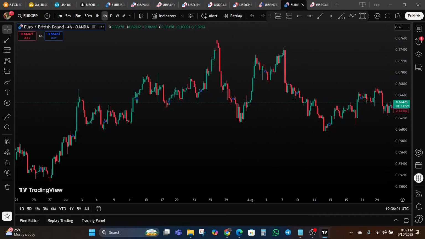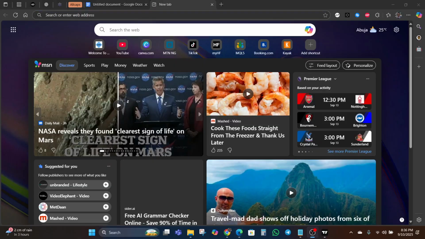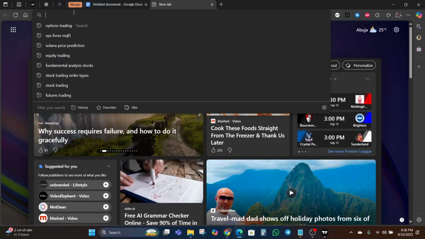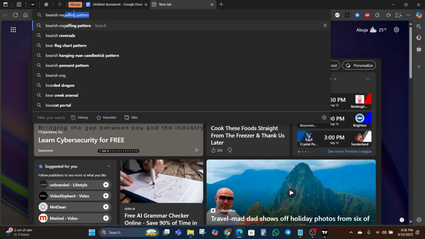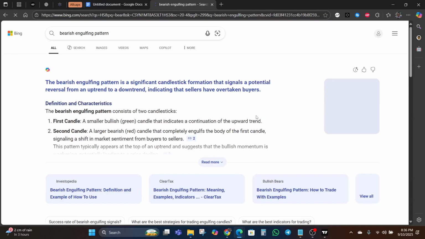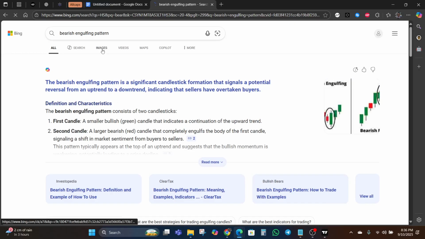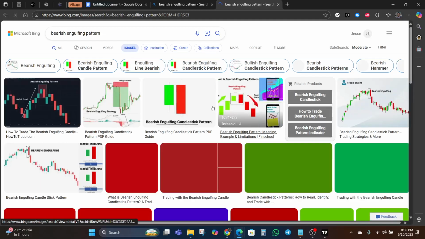We are actually going to be starting with the bearish engulfing pattern. Let's start with one of the most powerful, which is the bearish engulfing. The bearish engulfing pattern forms when a small bullish candle is immediately followed by a larger bearish candle that completely engulfs the previous one.